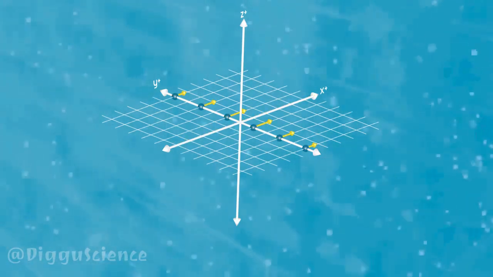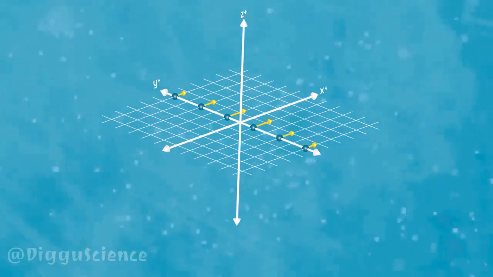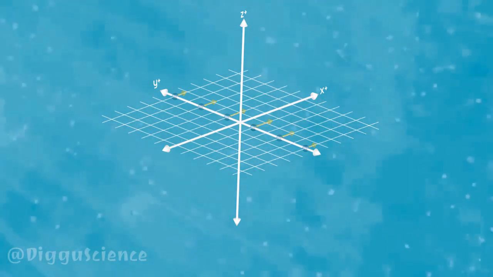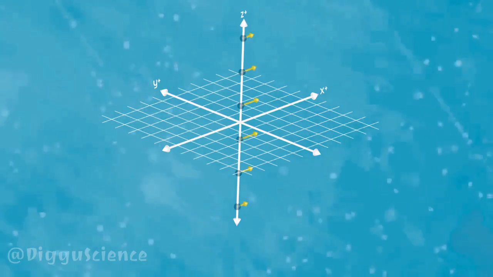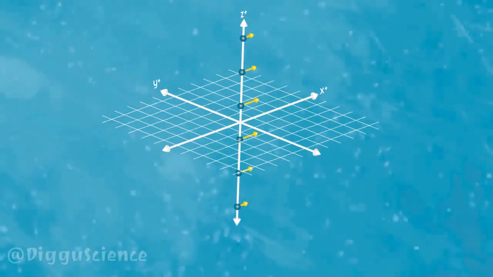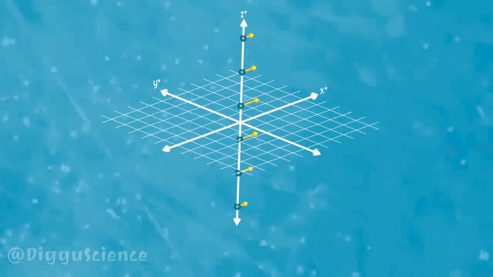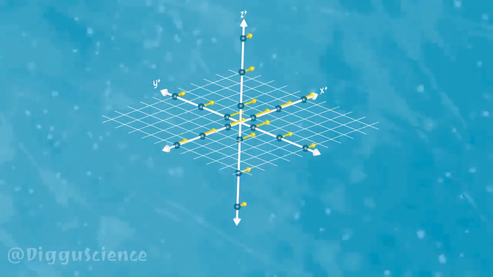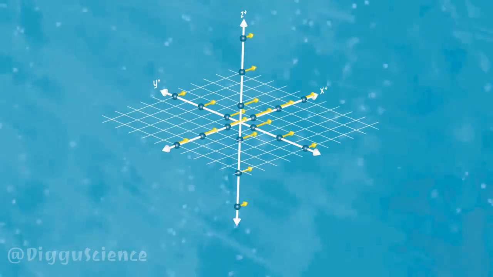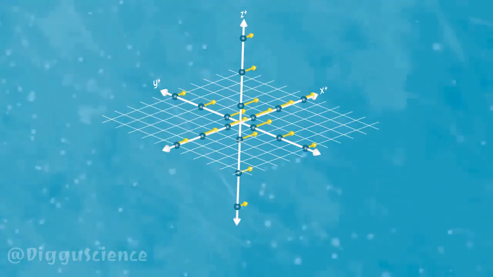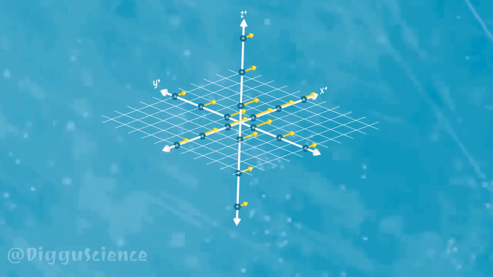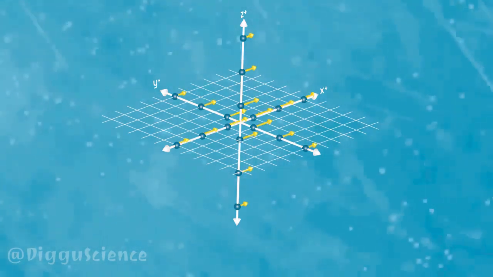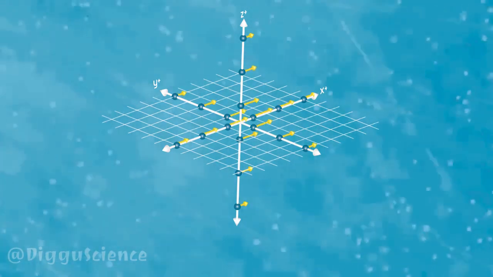Each point on the y-axis can also have a different velocity. Each point on the z-axis also has a different velocity. Each point at the same point at different times can also have different velocities. Thus v of x, y, z, t can describe the velocity of the fluid in the nozzle at a certain time.